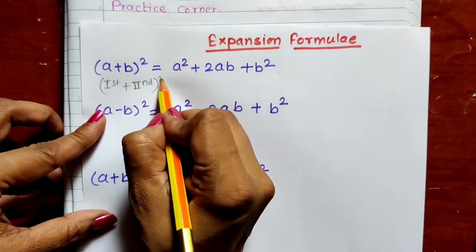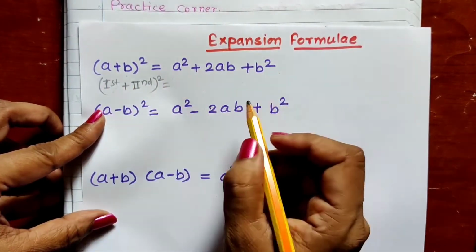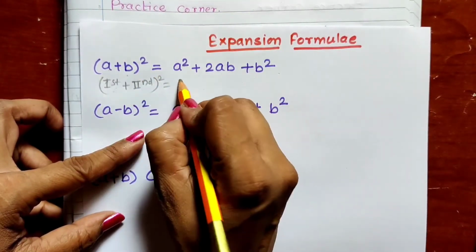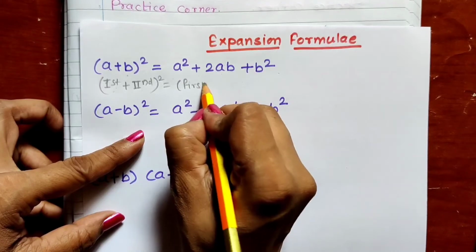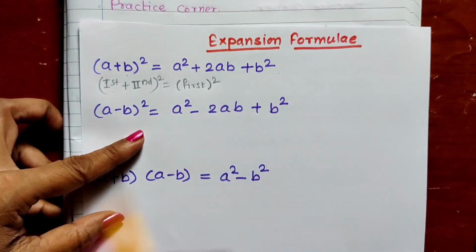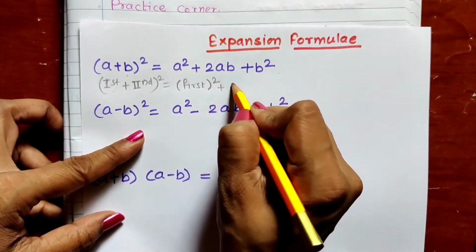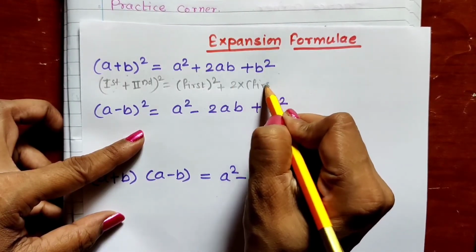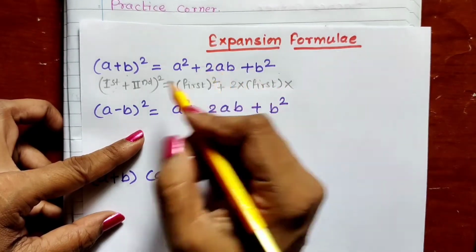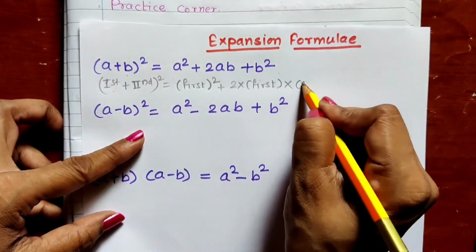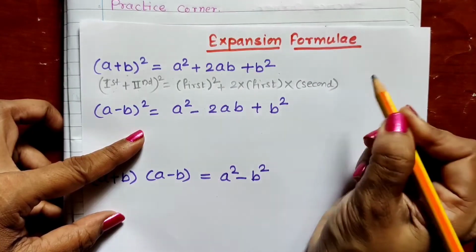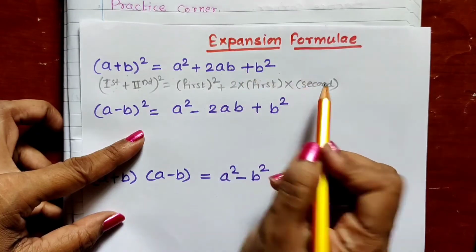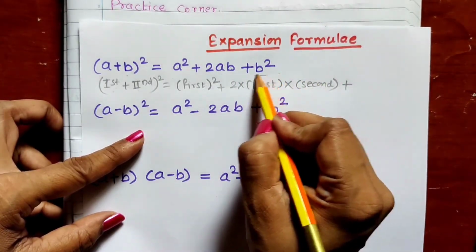first term plus second term square, when two terms are there, it is known as a binomial. So how to expand? a square, a is the first term, so first term square, plus 2ab, that means 2 multiplied by a, the first term, multiplied by b, the second term. So first term square plus 2 into first term into second term, plus what is there in the third term?